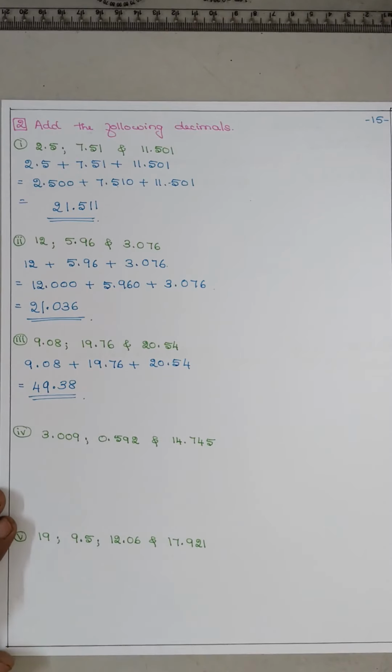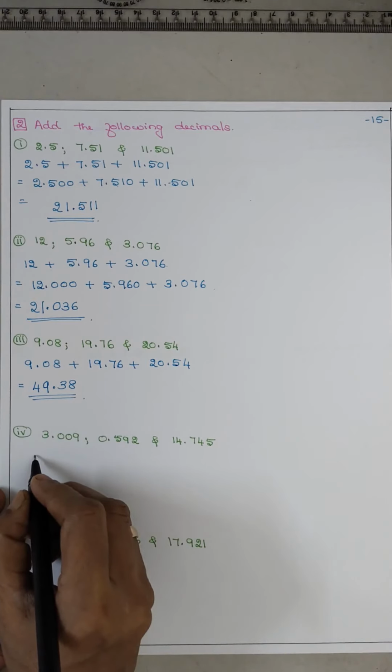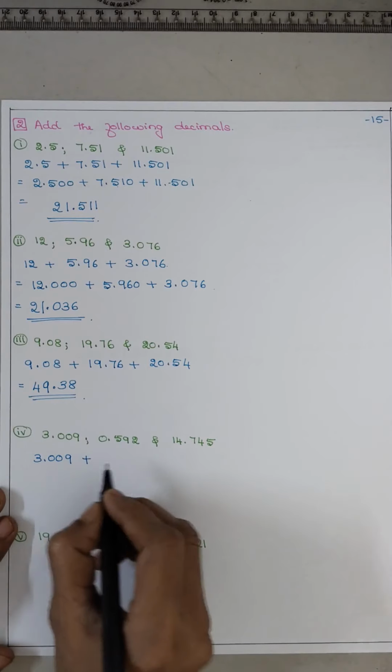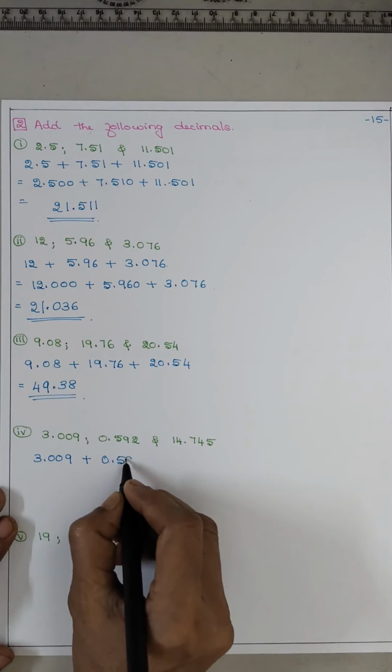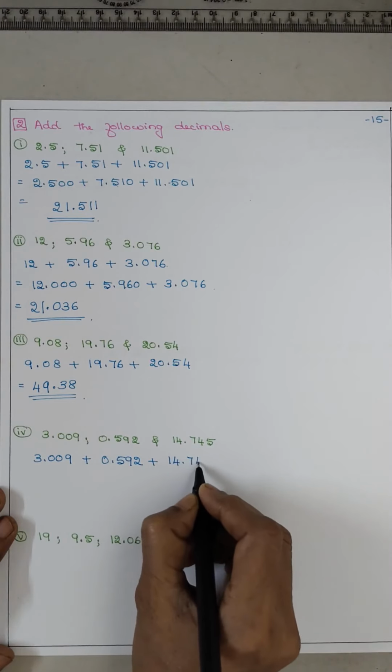Now coming to the fourth, all are in 3 decimals. So it is 3.009 plus 0.592 plus 14.745.